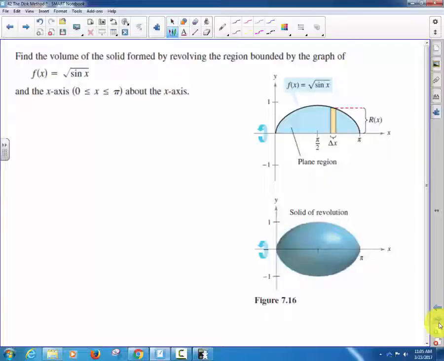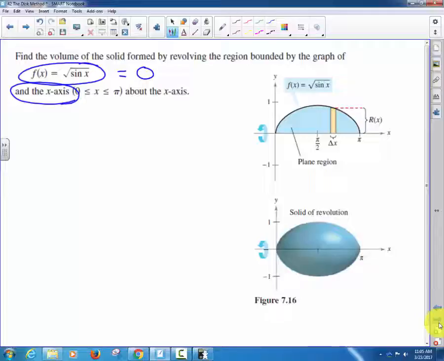But if all I give you is this and the fact that it goes around the x-axis, how can you find the limits of integration? Set it equal to 0. When is the square root of sine x equal to 0? Now you've got the picture here so you can see that it's 0 and pi. But we can find our limits of integration by setting this thing equal to 0.